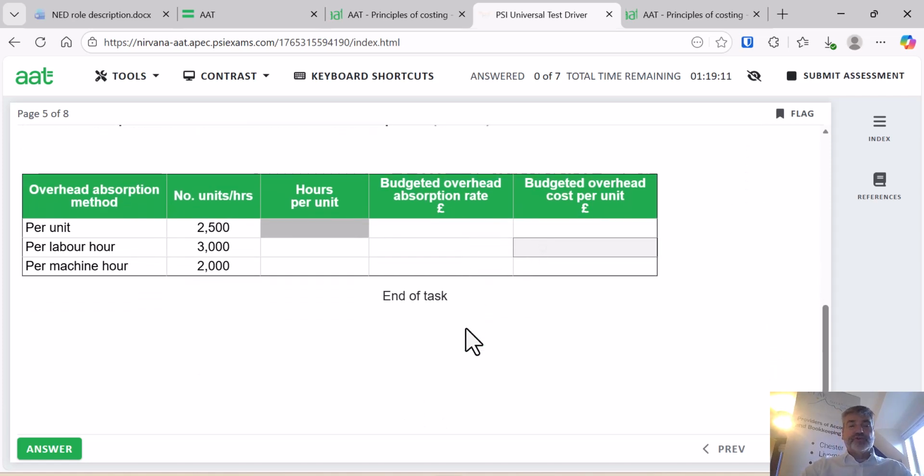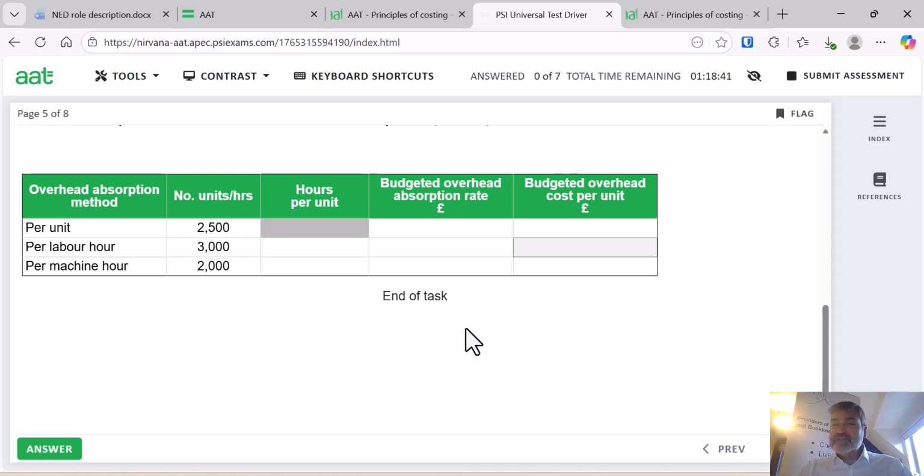What we've got to do then is work out the budgeted overhead absorption rate if we were to use the very simple units of production method, or the labour hour method, or the machine hour method, and use those overhead absorption rates to ultimately work out how much overhead we would charge to an individual cost unit.